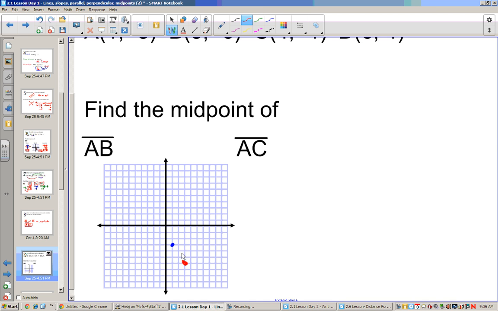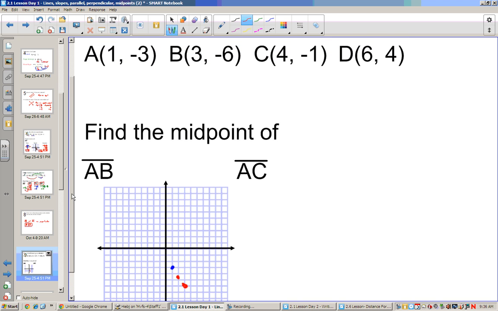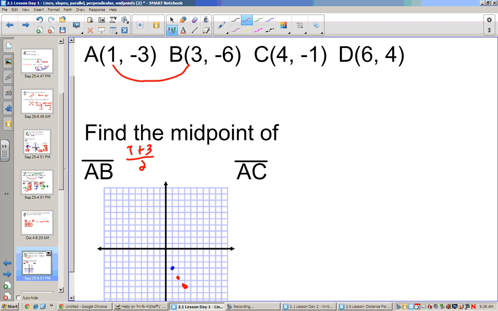Now the midpoint is going to be right in the middle, about there if I had to guess. Now where exactly that is, I'm not entirely sure. So what we use is a formula. You add the two x's together, 1 plus 3, and then you divide it by 2. And that's 4 over 2, which is 2.